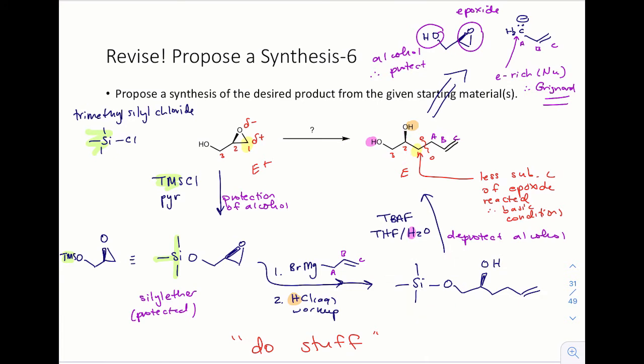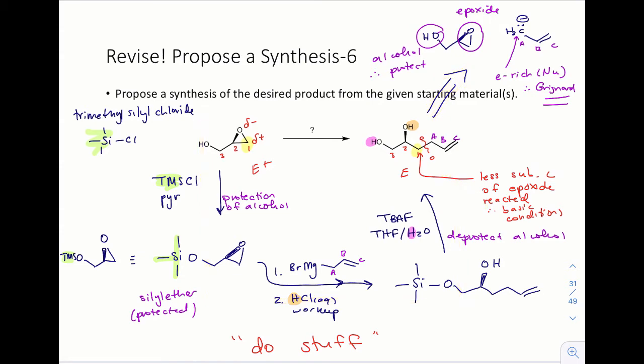This synthesis demonstrates how protection of alcohols can be used to avoid issues of functional group compatibility, such as between electron-rich basic Grignard reagents and the mildly acidic proton of the alcohol. Still, retrosynthesis was key in figuring out the overall synthetic scheme.